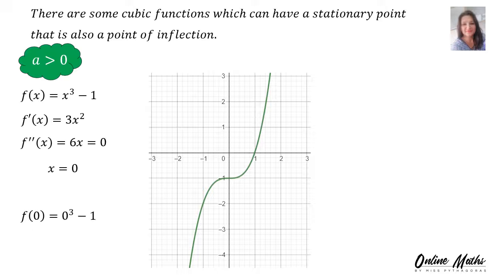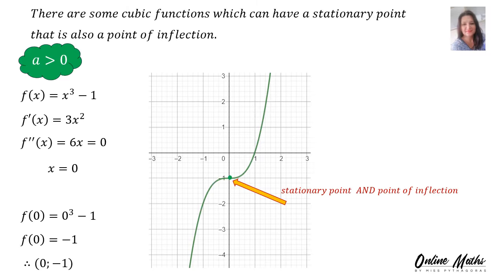Then, when you substitute 0 into the original equation, you find the corresponding y coordinate is -1. So therefore, the point of inflection here is at the point 0 and -1. And that is the stationary point and the point of inflection.